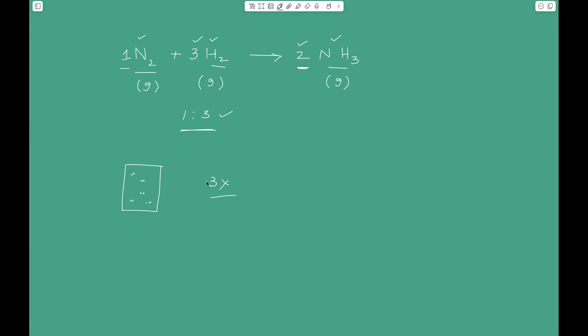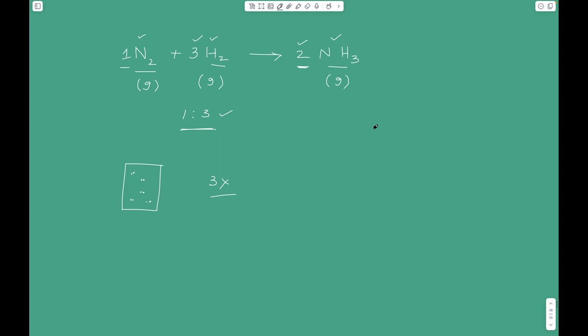That is almost impossible. So I have a problem. This equation tells the relative proportion of the particles that are completely combining with one another, but I cannot count the number of particles present in any sample. Then how do I overcome this difficulty?